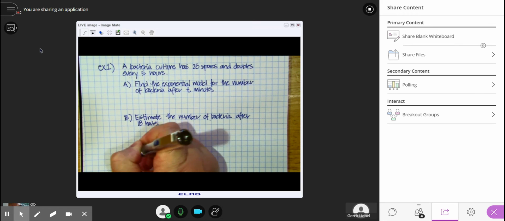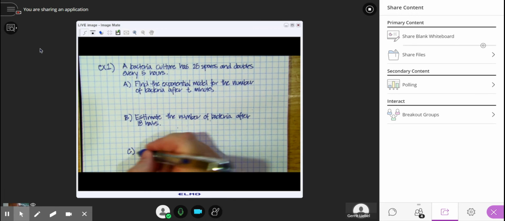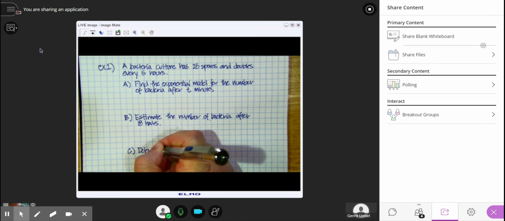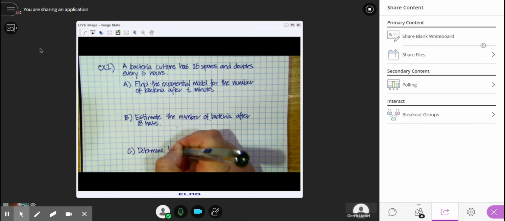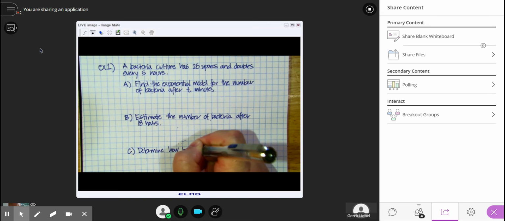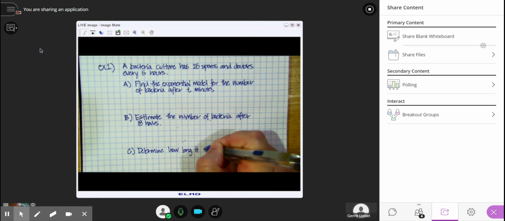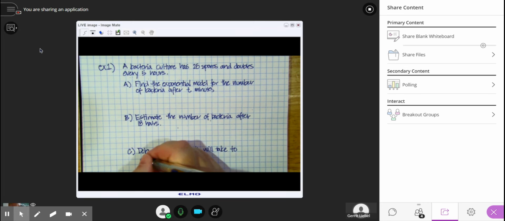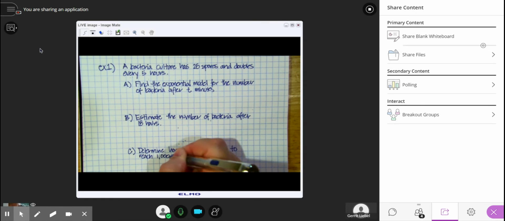And part C is determine how long it will take to reach 1 million cultures or 1 million bacteria.